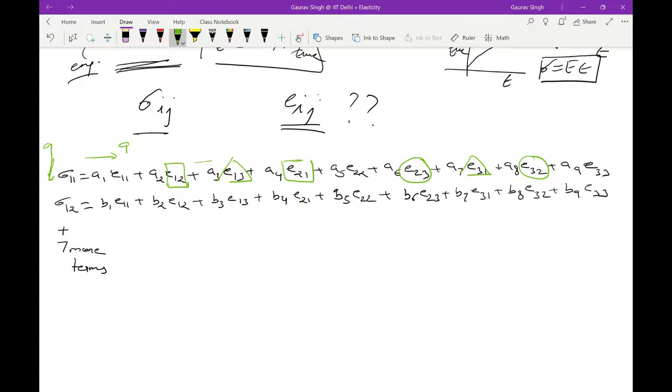That would mean that you can write sigma 11 is equal to a1 e11 plus a2 plus a4 e12 plus a3 plus a7 e13 plus a5 e22 plus a6 plus a8 e32 plus a9.